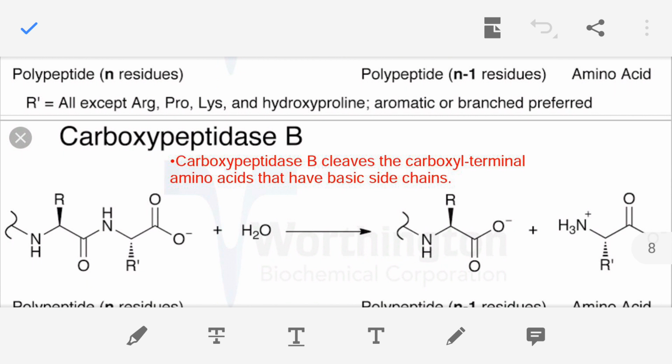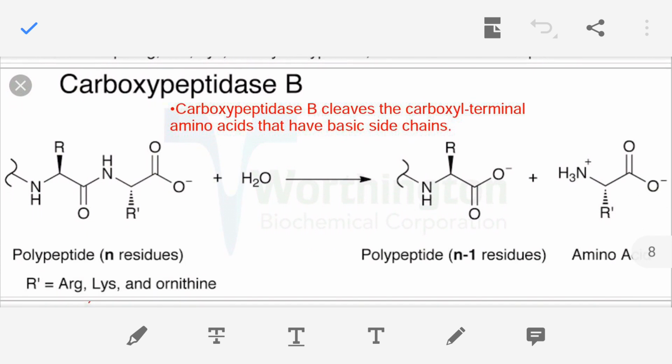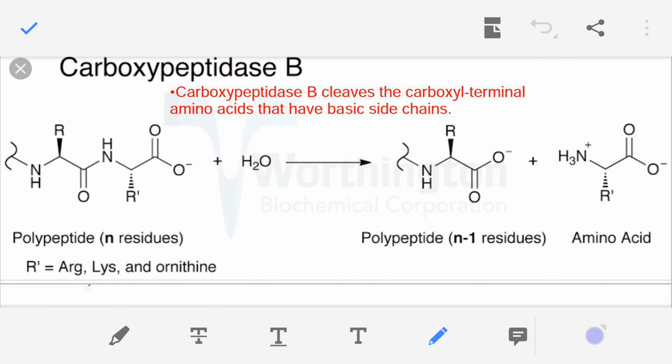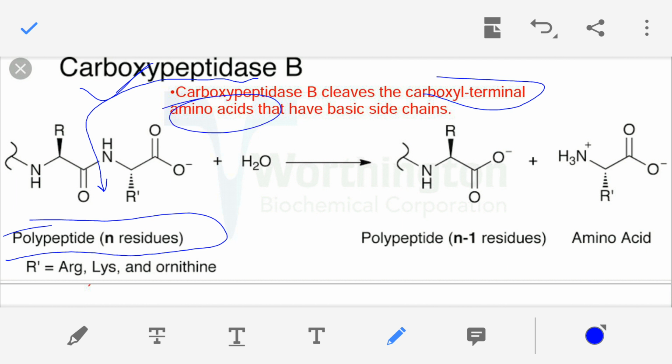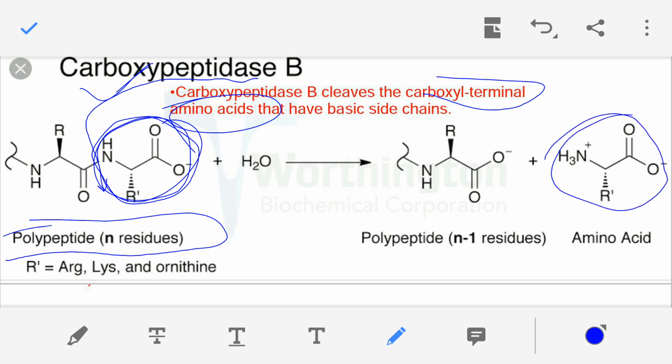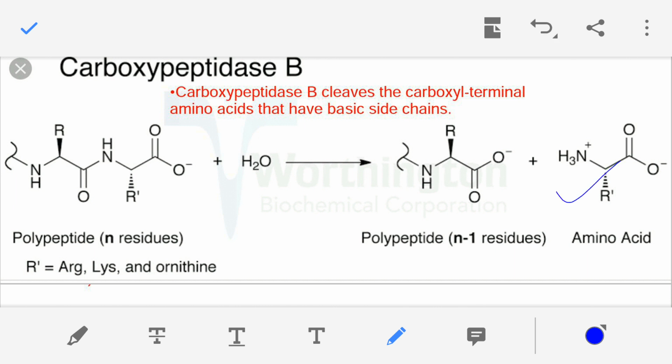Now carboxypeptidase B. Again, this enzyme also acts upon a polypeptide. It is also cleaving the peptide bond and removing the carboxyl terminal amino acid. Let's say this amino acid is released, shown over here, and the released amino acid has an R group. What is R?